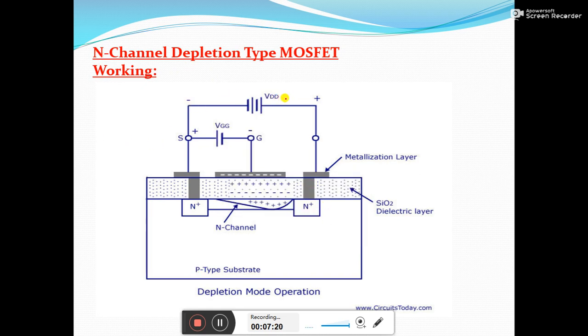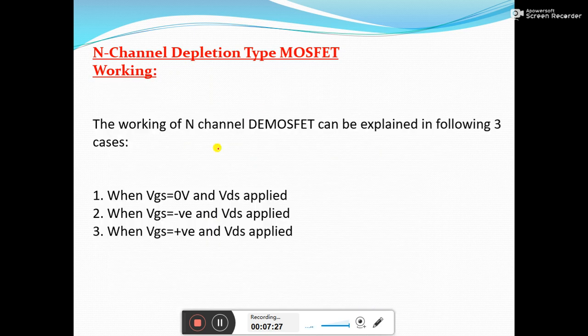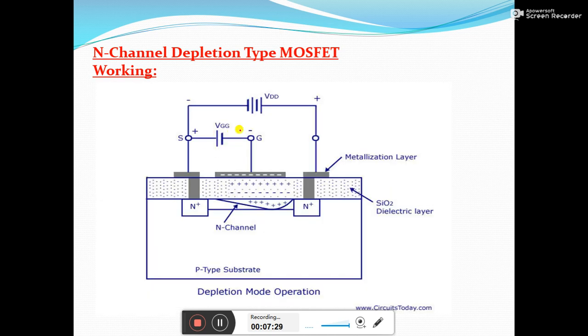So when we study the working of N channel MOSFET, this working could be studied in three different cases. First, we shall see the connection here. As we know, this is a P type substrate, and the metallic contacts are here, and the gate is insulated from the channel over here, and the channel is of N type material.